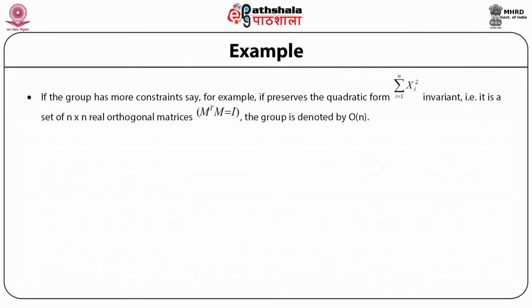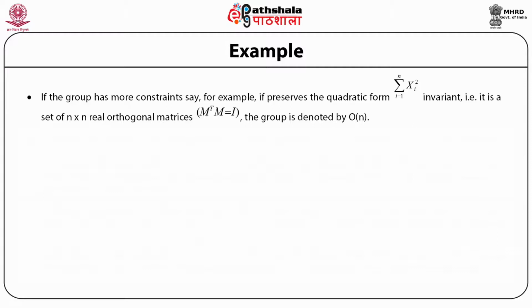In the earlier example there is one constraint, that the determinant is 1. But if the group happens to have more constraints, for example, if it preserves the quadratic form, that is, the sum of the squares of the components of the vector x is invariant, that is, this transformation leaves the magnitude or the square of the vector unchanged, then it is a set of n by n real orthogonal matrices.